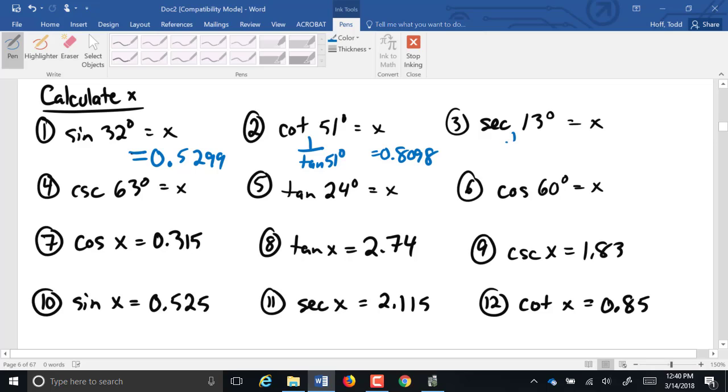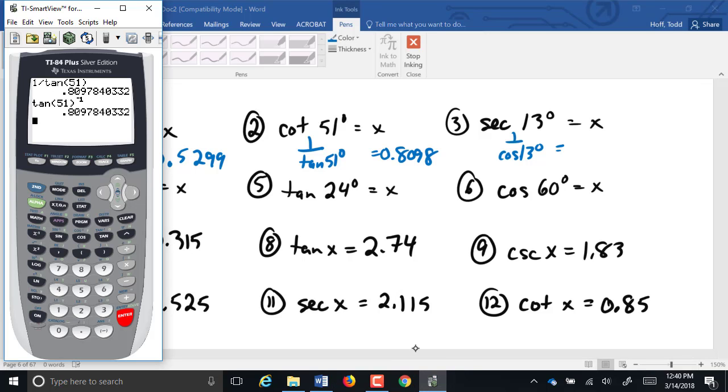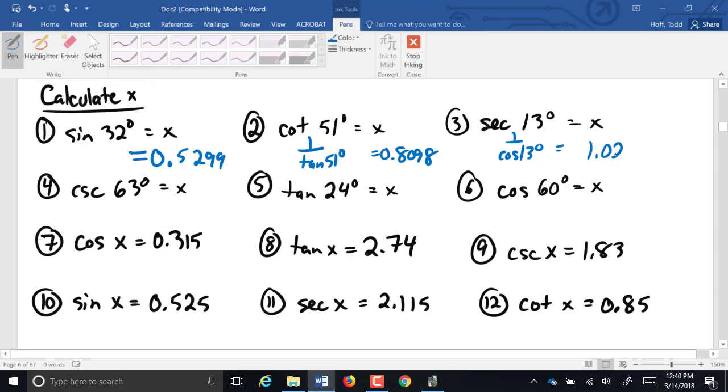Same for the secant. Secant is 1 over cosine. So secant of 13 degrees is 1 over the cosine of 13 degrees, which is 1.0263. Good. Cosecant is 1 over the sine.